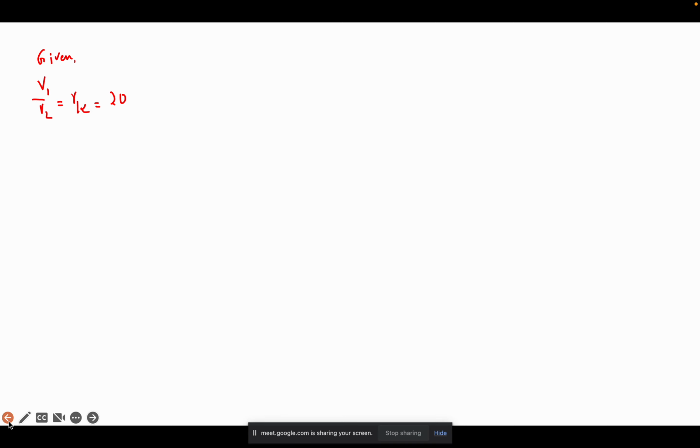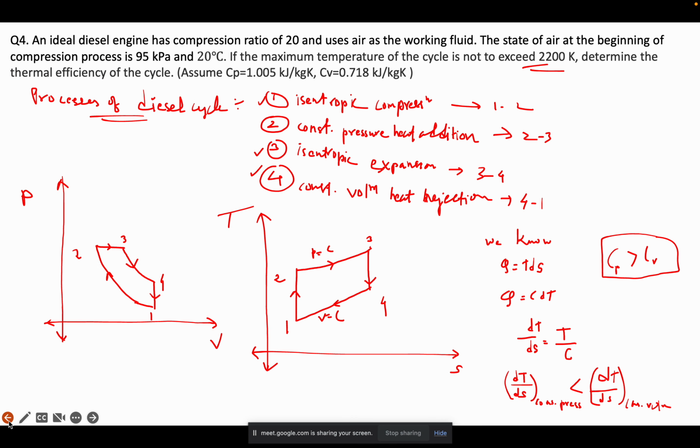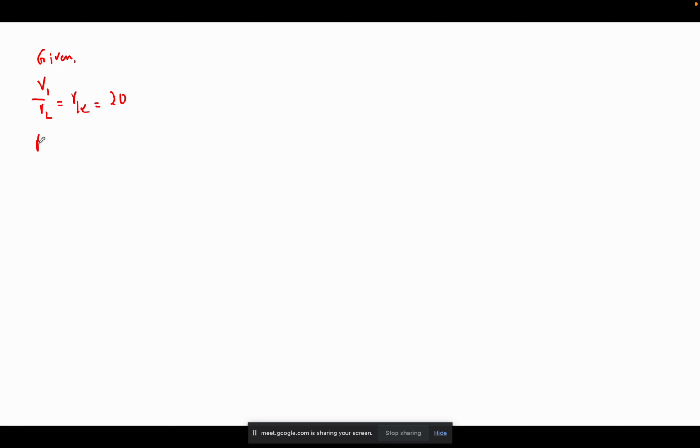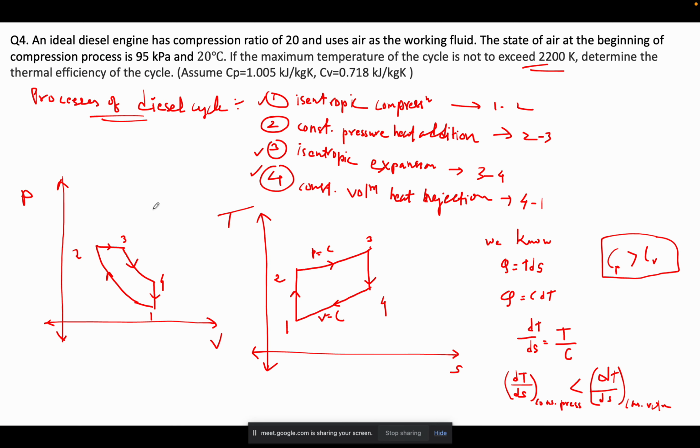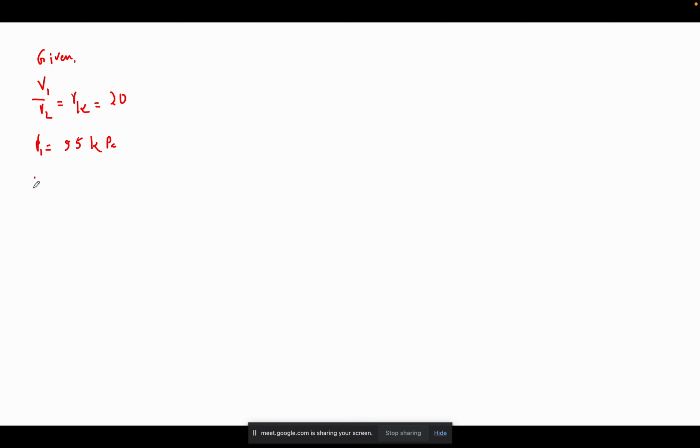Then the state of the air at the beginning of the compression stroke, that means at state 1, is given. So P1 is given as 95 kilopascal, and your T1 is given as 20 degrees Celsius, which we can write as 293 Kelvin.